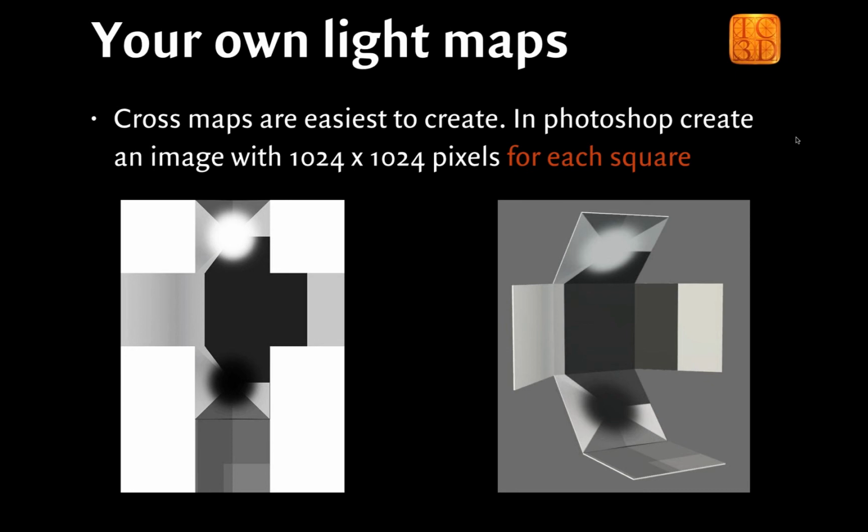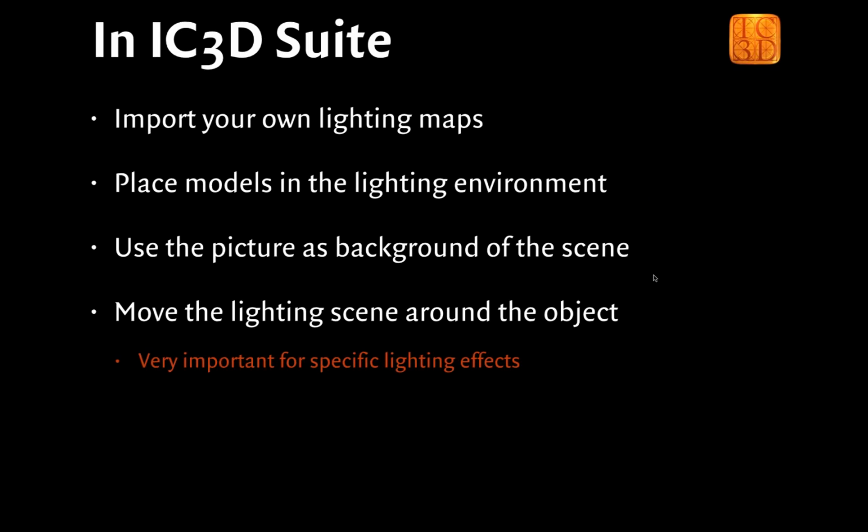What you do is, in Photoshop, you create an image that has 1024 by 1024 pixels for each square in that cross. And the cross contains 6 squares if you look closely. Right? You have one for the ceiling, and on the right-hand side you see kind of how that would be folded together to a box, and the object that gets lighted is in the center of that box. So the top square that you have there is the one with that white circle on it.